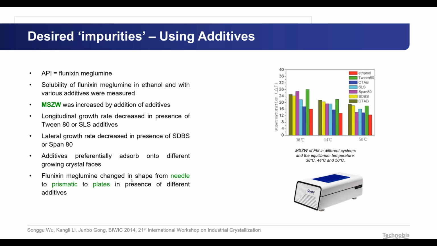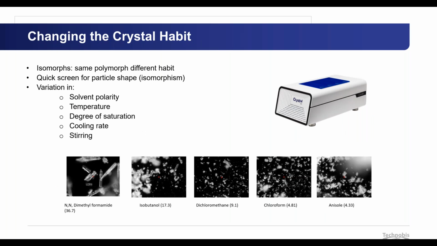And for a specific drug they were looking into, flunixin meglumine, as it is here, they actually managed to change the needle shape into prismatic and plate. So depending on what is your objective, actually quite a lot can be achieved by using the Crystal16 instrument.